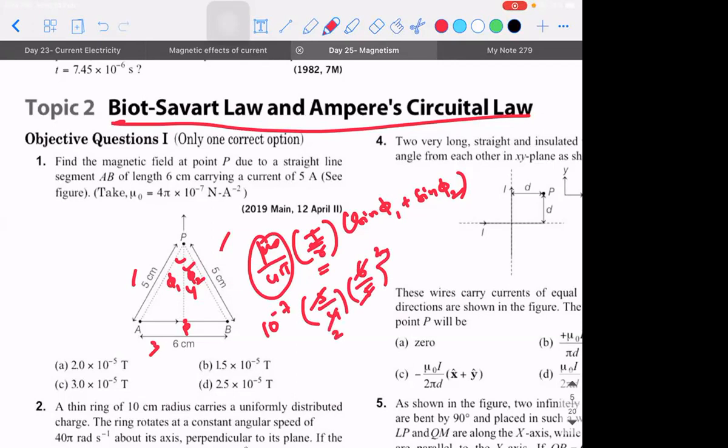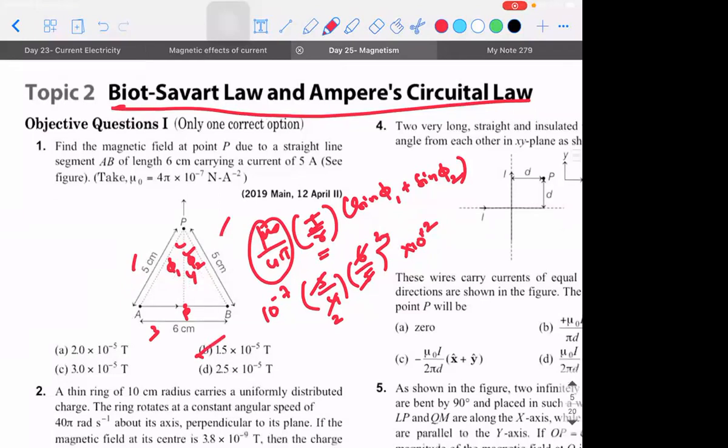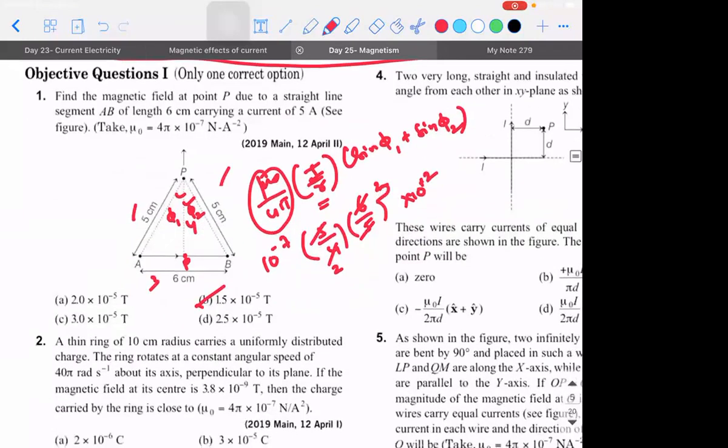Is that the answer? No, because I forgot the into 10 power minus 2, so into 10 power plus 2, sir, since the denominator is 4. That is 1.5 into 10 power minus 5. In the second option, B, sir. B. So shall we try the next one?